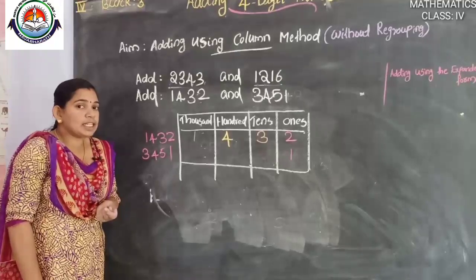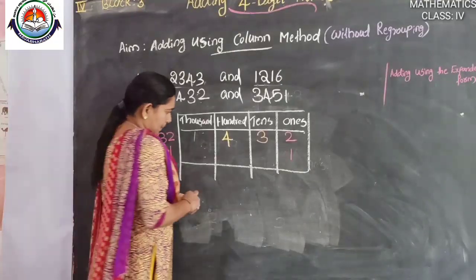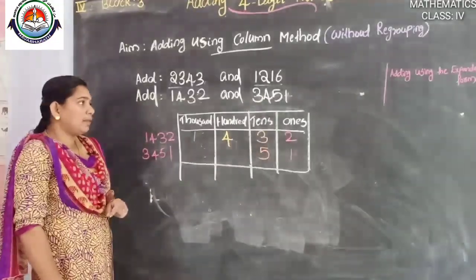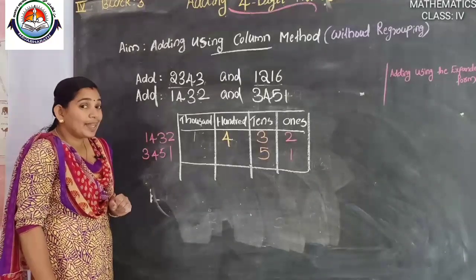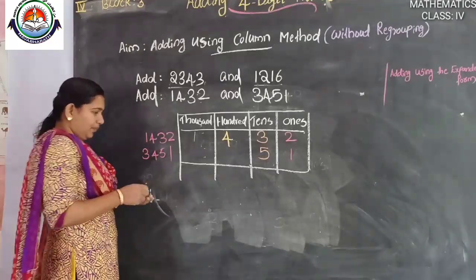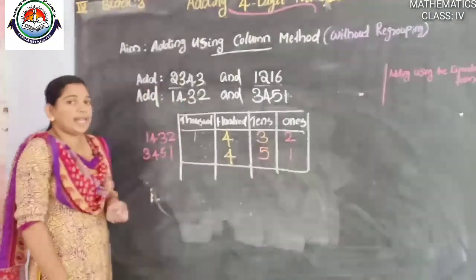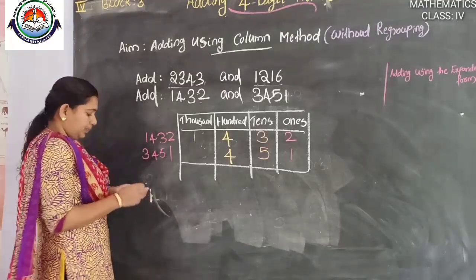Then 5 in the place of, very good, tens. 4 in the place of, yes, 100. Then 3 in the place of 1000.